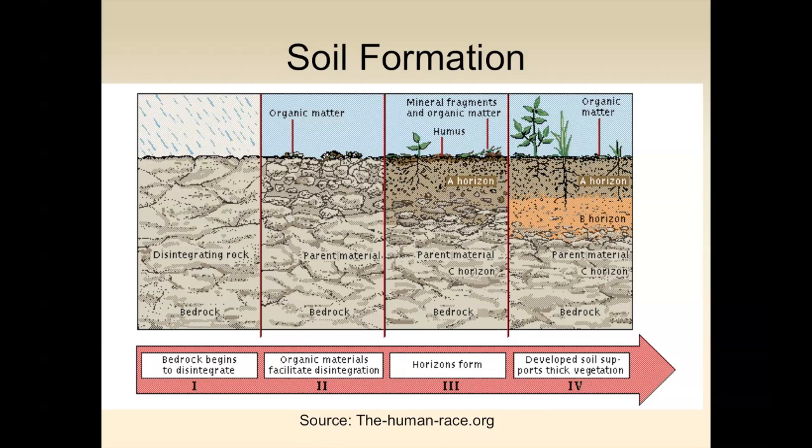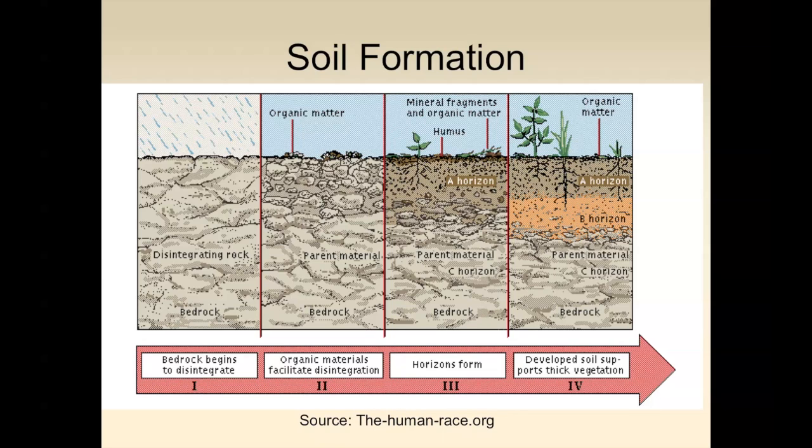This kind of thing shows you how development of a soil would come from bedrock. It starts with the bedrock, and the rock disintegrates. Little bits of organic matter, mosses, lichens, and that kind of thing gain a foothold, and then you've got shrinking and swelling through the freezing and thawing processes.